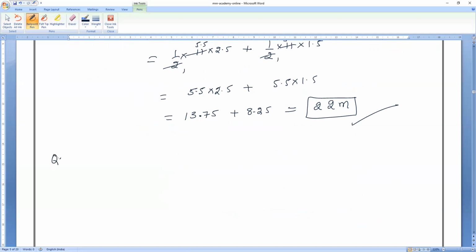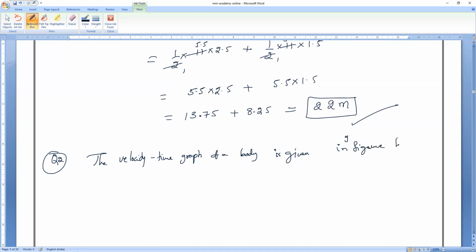Question number 2. The velocity time graph of a body is given in the figure below.